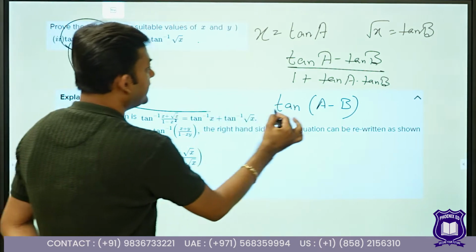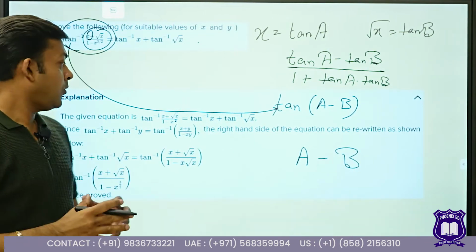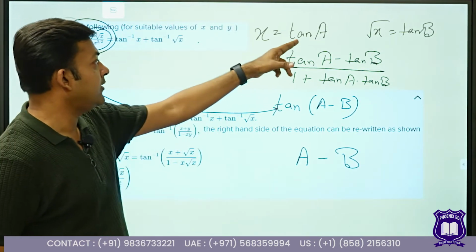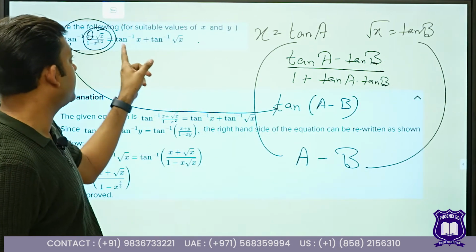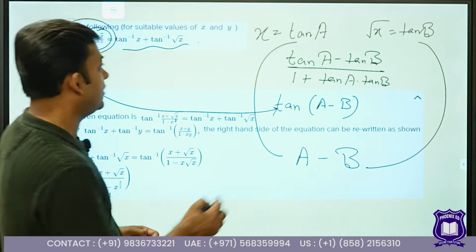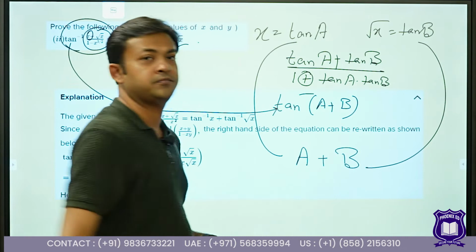Tan inverse of that would give me simply a minus b. What is the value of a? We know that a is now equal to tan inverse x and b is equal to tan inverse root x, and hence my answer. Small correction.